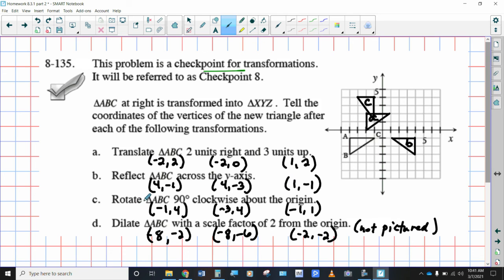Then we rotate it 90 degrees about the origin. I'm not a big fan of that. I guess I got kind of lazy. But after rotating it 90 degrees about the origin clockwise, let's do this guy.